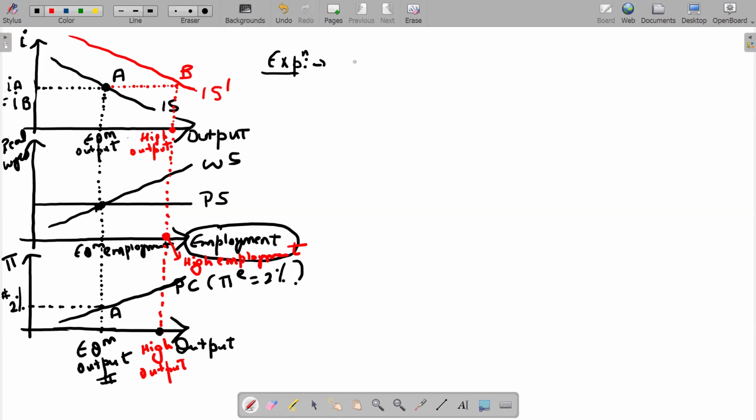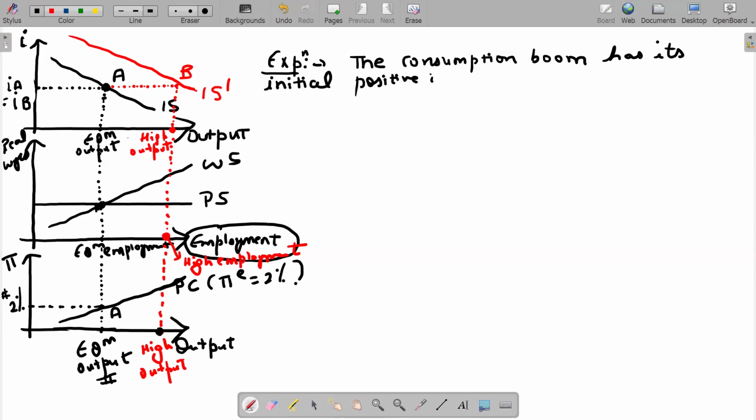So the consumption shock, the consumption boom, has its initial positive impact on output and employment, as shown by a rightward shift.